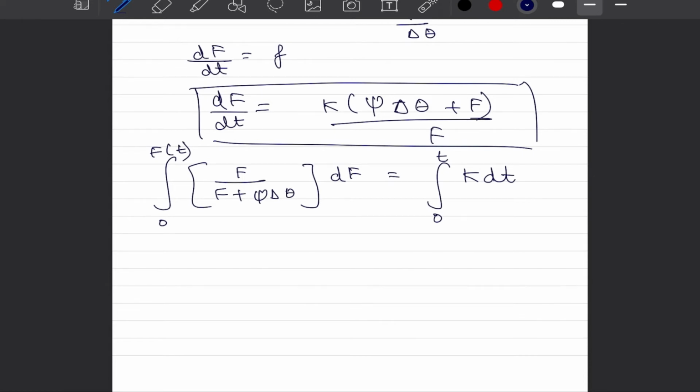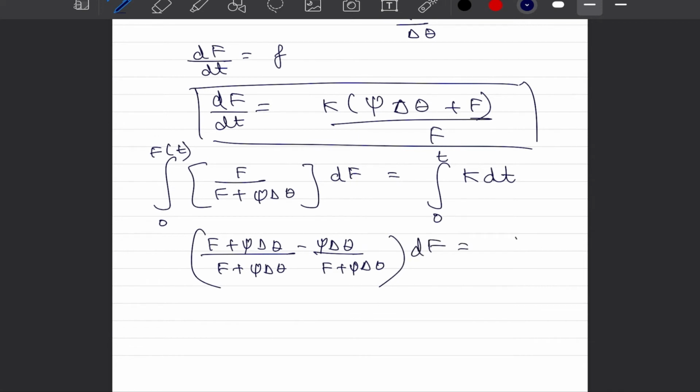Now we'll use the method of partial fractions. So we add and subtract phi delta theta, and we divide this by (F plus phi delta theta). This would be (F plus phi delta theta) times dF equal to Kt after substituting the limits, and here we still have to perform the integral from 0 to F(t).